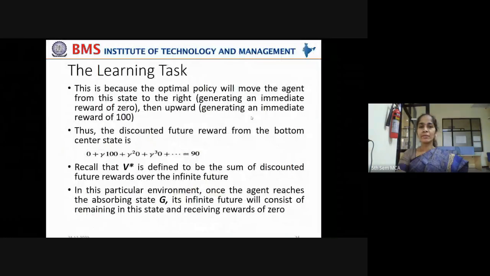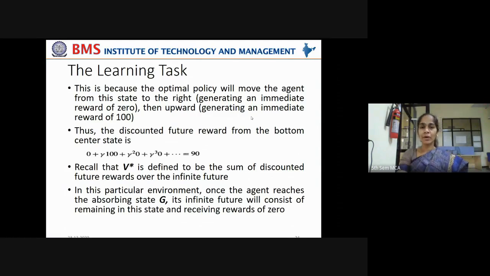This is because the optimal policy will move the agent from the center state to the right, generating an immediate reward of 0, then upwards, generating an immediate reward of 100. So when it is moving towards the goal state, it will be rewarded with 100 points.